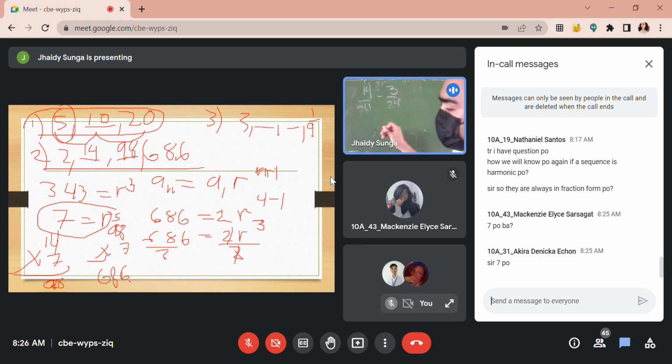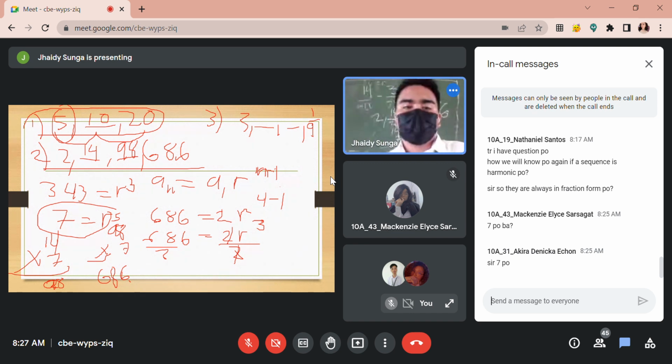So at first glance, what's our given? 2, blank, blank, then 686. So the ratio is 7. So 7 times 2, 14. 14 times 7, 98. 98 times 7, you could check, the answer is 686.